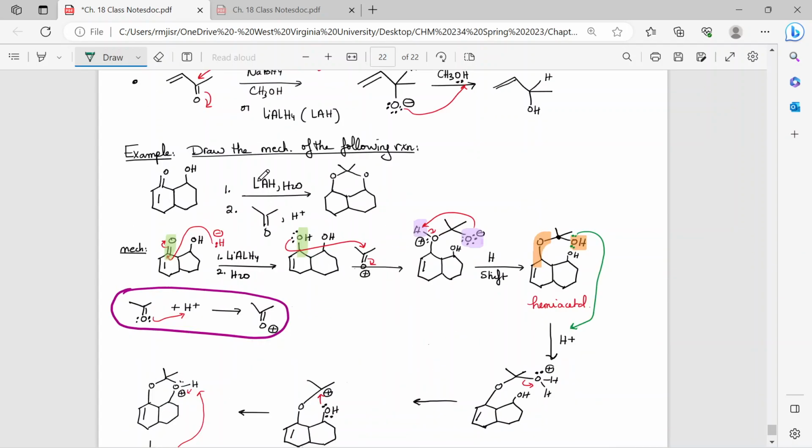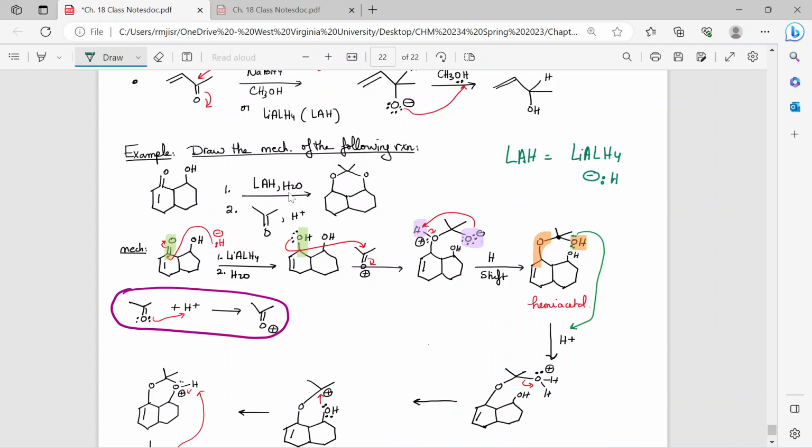Over there, this is a challenging problem of the acetal formation. So you have a carbonyl and you have an OH, and you are first reducing. LAH is lithium aluminum hydride. We've talked about this reaction. We said that this reagent is a strong reducing agent.